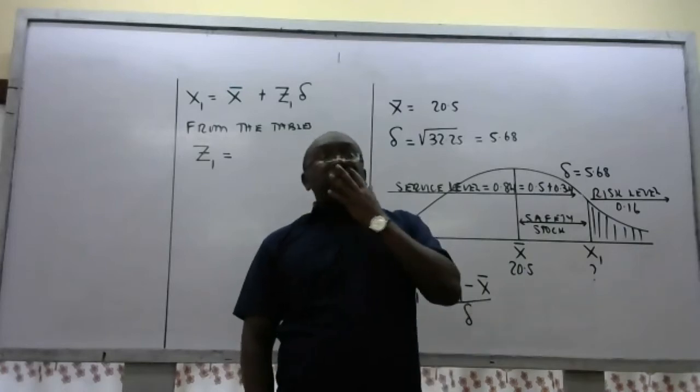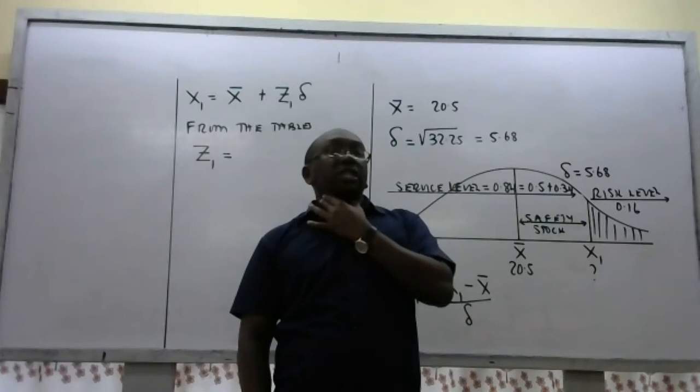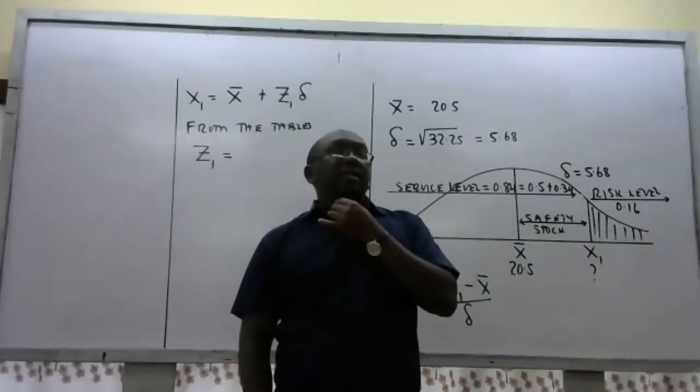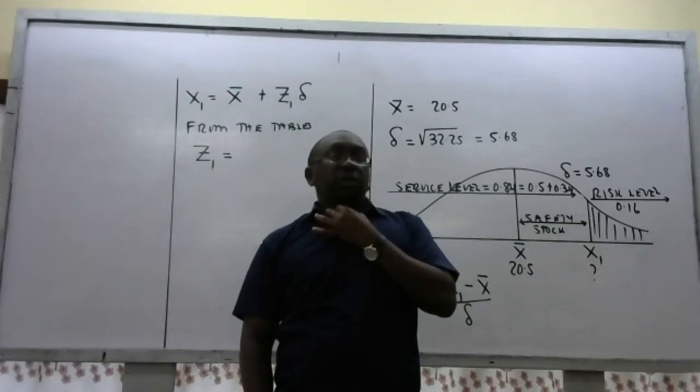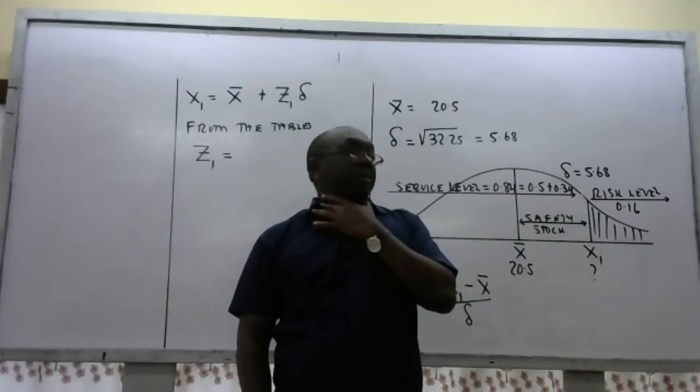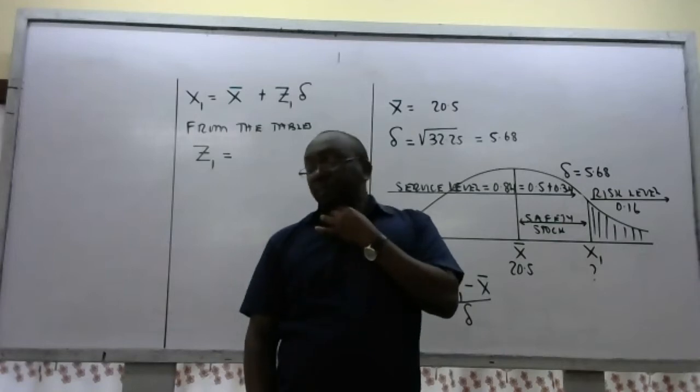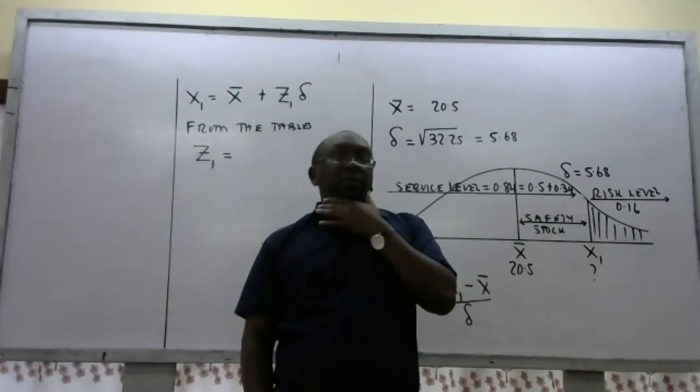When you go to the past papers, there are two tables for the normal distribution. There is the one that is titled normal curve, and another one that is titled standard normal curve. I want to focus on the normal.